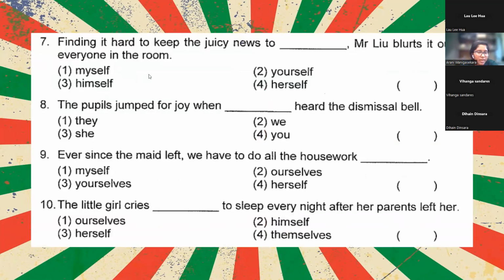So question 7, finding it juicy news to blank, Mr. Liu blurts it out to everyone in the room. What's the answer? Herself. Okay. Any other answers? Myself.